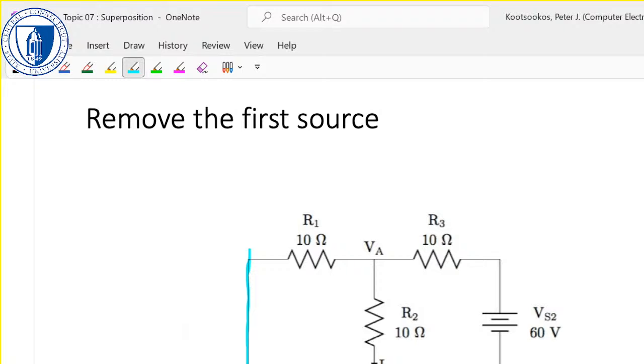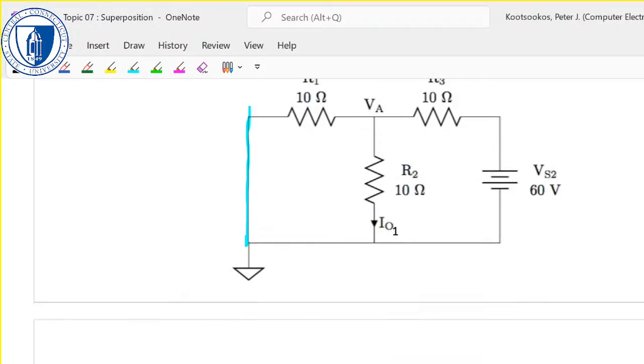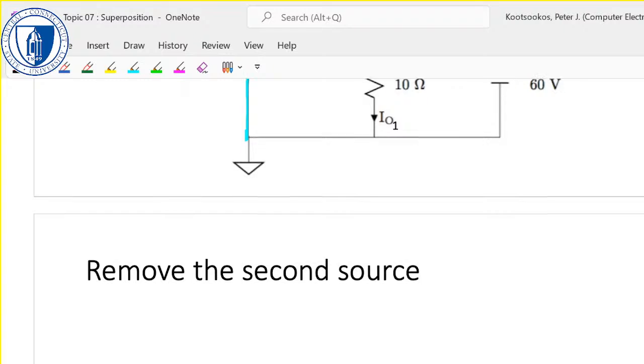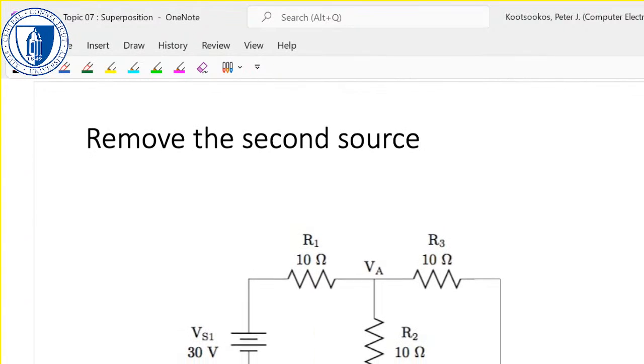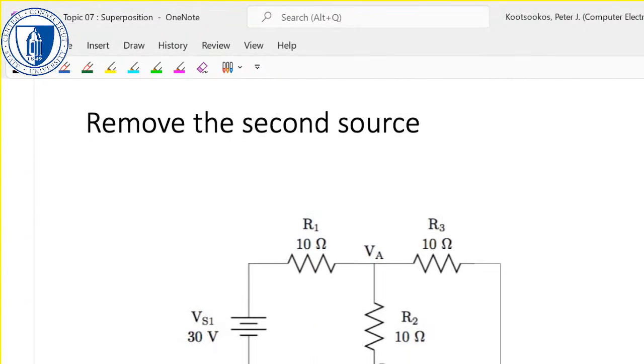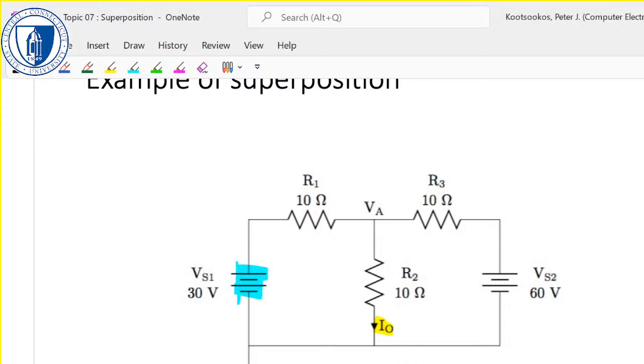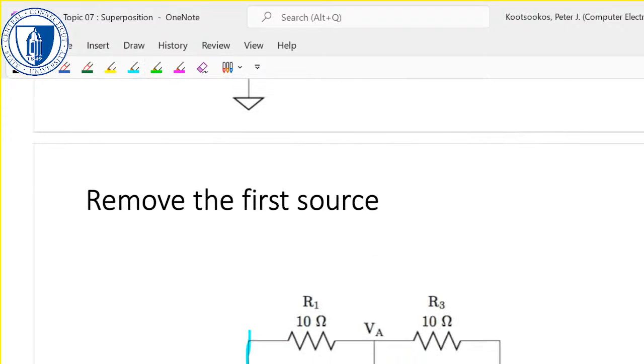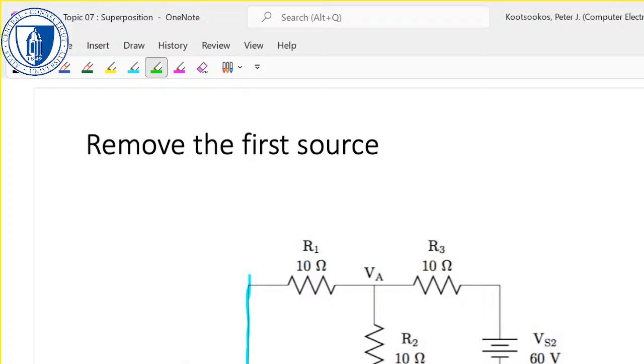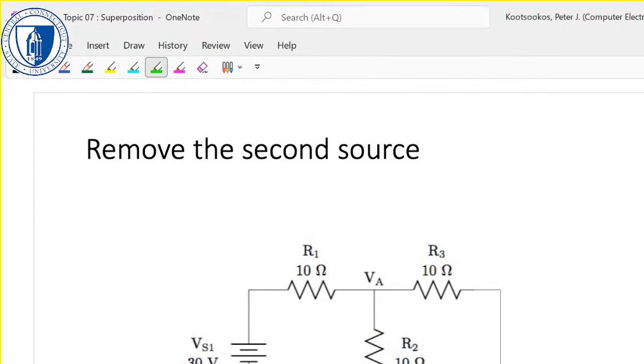So that works. And then we remove the second source. Let's go back and see the second source. Right, there's our second source, and we'll replace it with its ideal. Again, it's just a wire, they're both voltage sources.